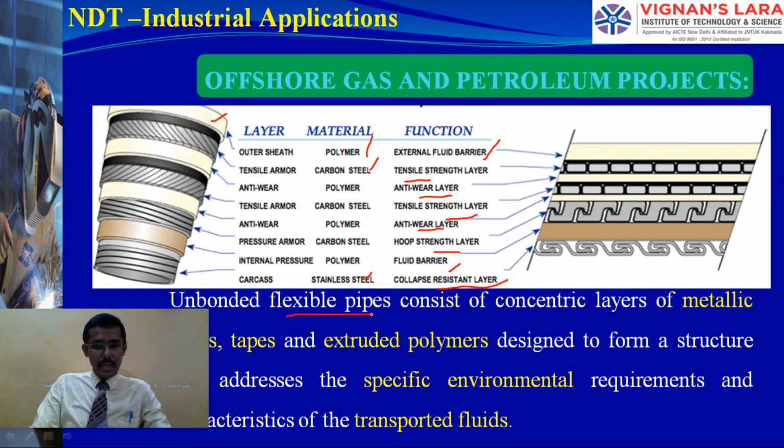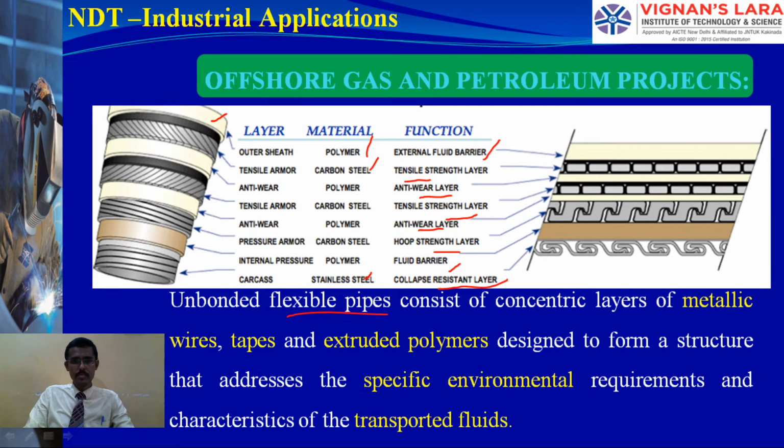Unbonded flexible pipes consist of concentric layers of metallic wires, tapes, and extruded polymers designed to form a structure that addresses the specific environmental requirements, namely a corrosion environment.